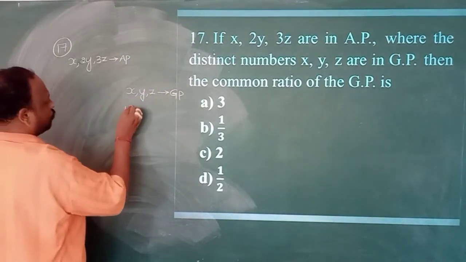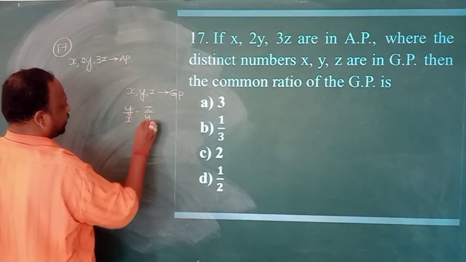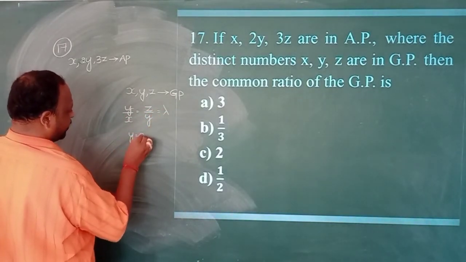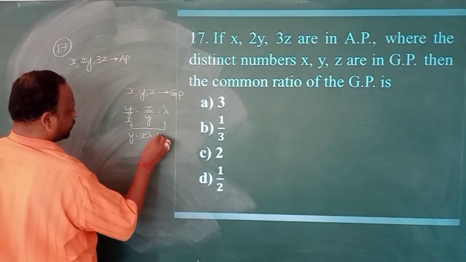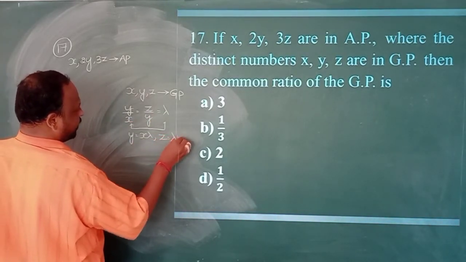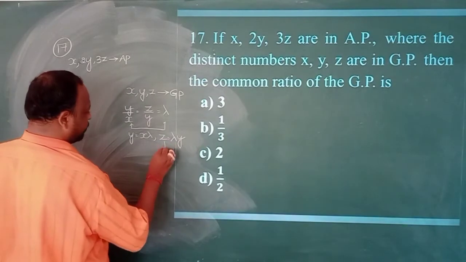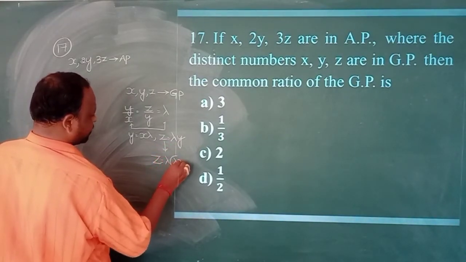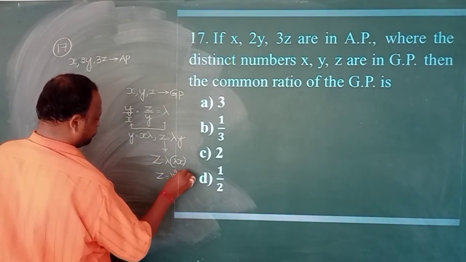That means y by x is always equal to z by y. Let us take lambda. So y is equal to x lambda. Equate this: z is equal to lambda y, and this z will be lambda times lambda x. z is equal to lambda square x.